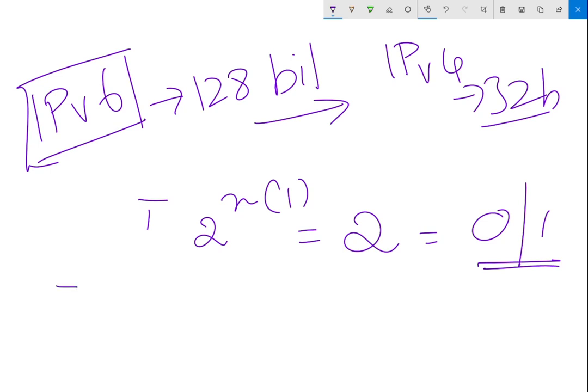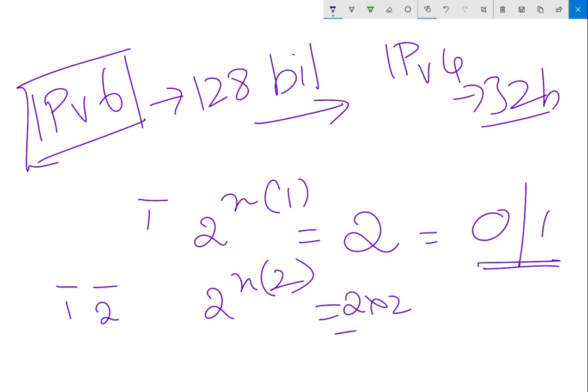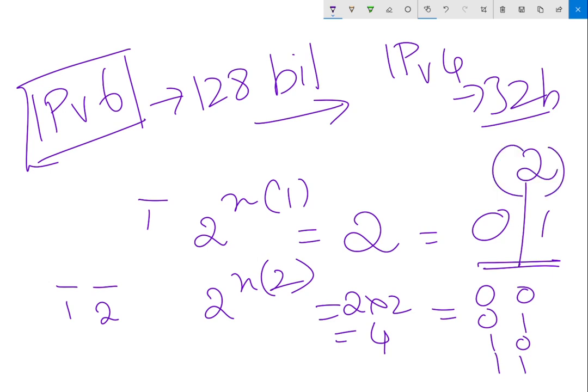If I add a second bit, 2 to the power 2 is 2 into 2, which is 4. That means I get 00, 01, 10 or 11, which means from 2, by adding one bit, I get 4.